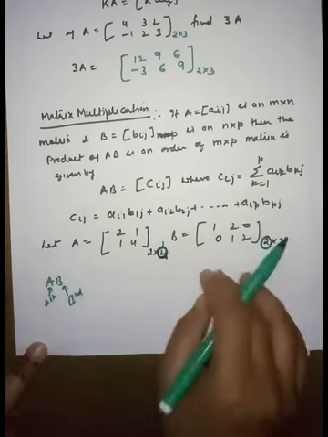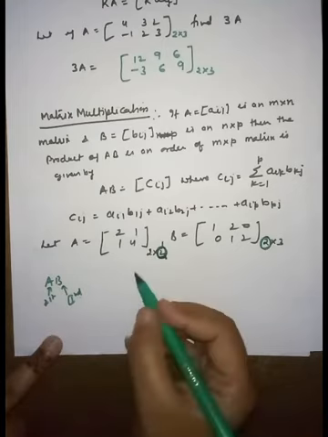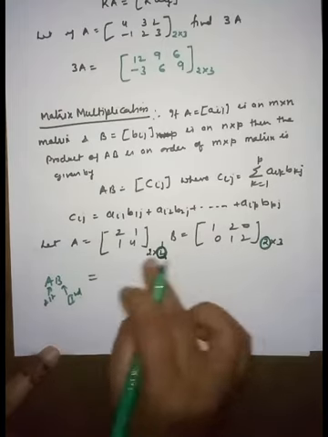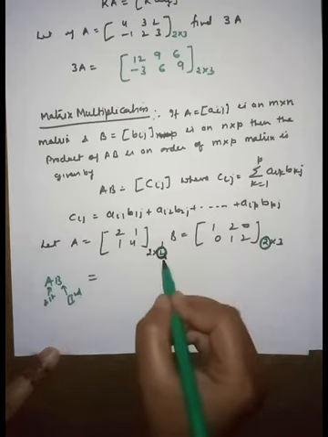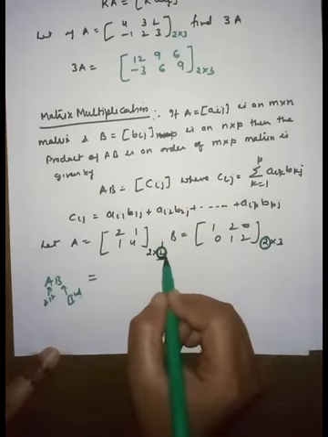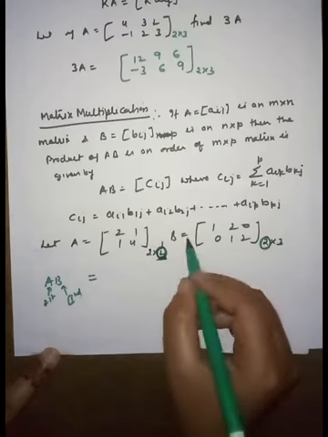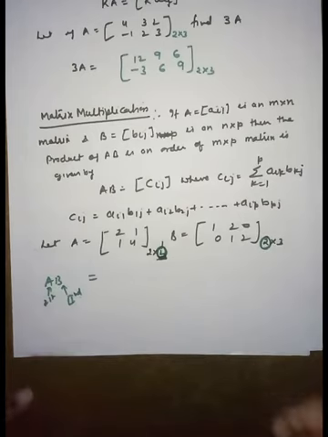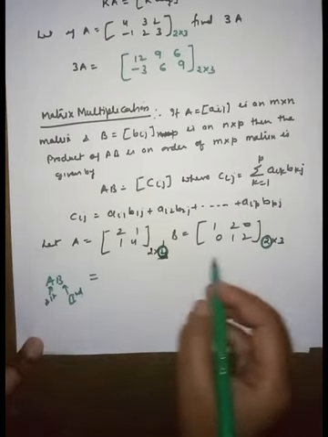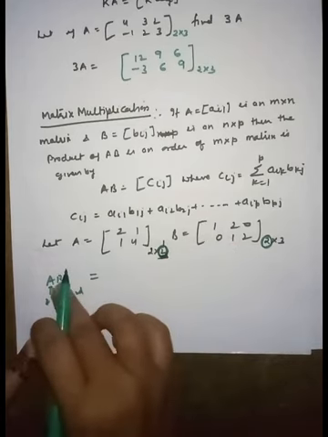It's undefined. So here, first you see this condition. The number of columns of the first matrix is 2, and the number of rows of the second matrix is 2, which is equal, so matrix multiplication is possible. So we find AB.